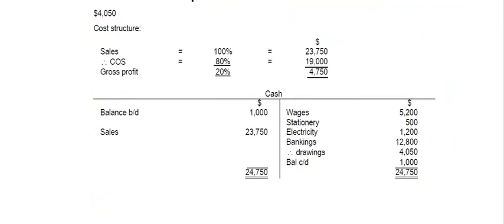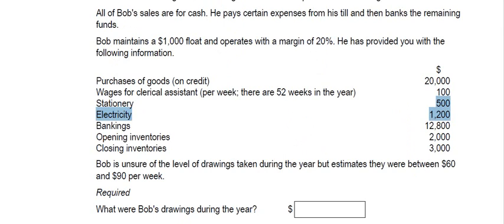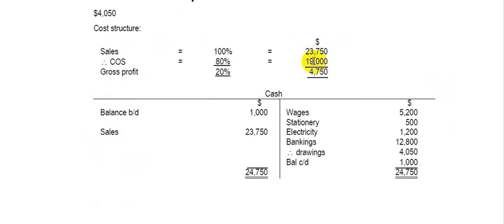So we're able to calculate our cost of sales by using the cost of sales formula, which is opening inventory of 2,000 plus purchases of 20,000 minus closing inventory of 3,000 to give us our cost of sales of 19,000. Then using the margin formula, which we should by now be comfortable with, we get not our cost of sales but our sales as 23,750.